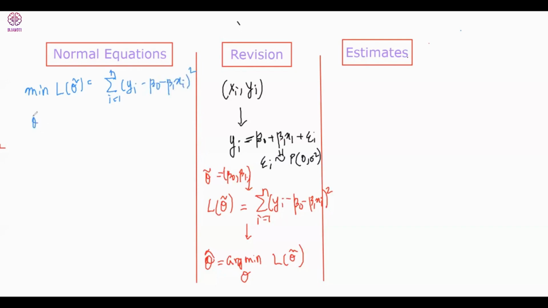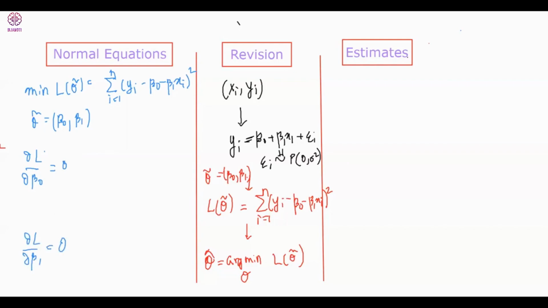We just set del L del beta naught equal to 0, and del L del beta 1 equal to 0.